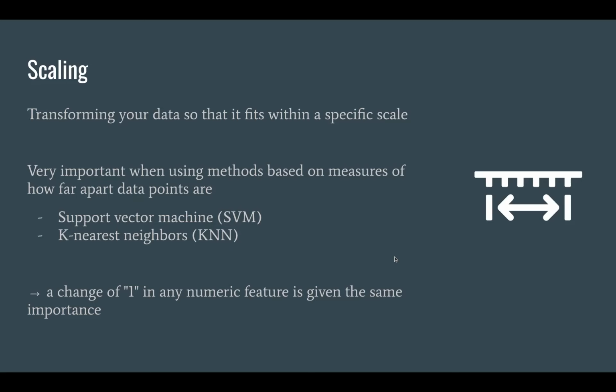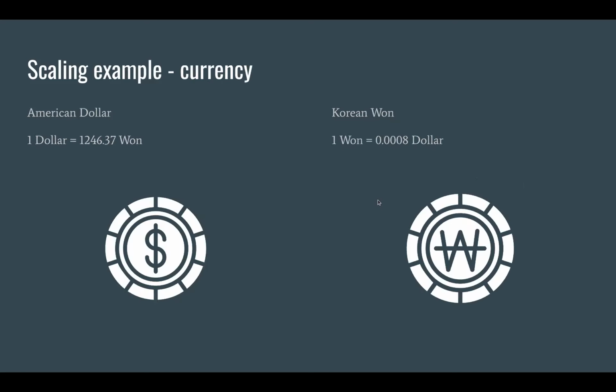So what do I mean by that? Let's look at the next slide. Here is a scaling example with currency. We know, say $1 is equivalent to 1246.37 Korean won, which means 1 Korean won is about equivalent to $0.0008.